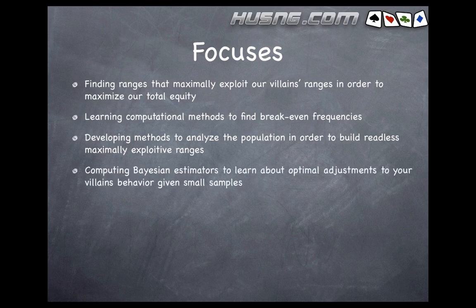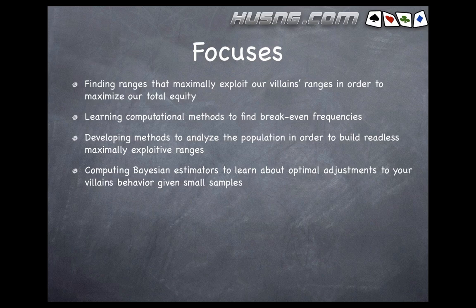We're also going to be working on computing Bayesian estimators. Bayesian estimators very quickly give you an idea of how quickly to adjust and what size adjustments to be considering. And they let you use very small samples to adjust to villain behavior.